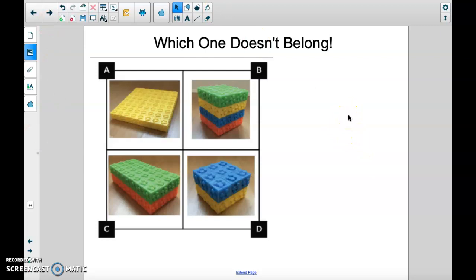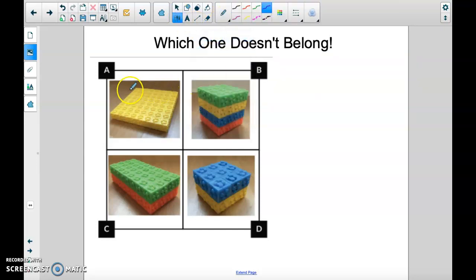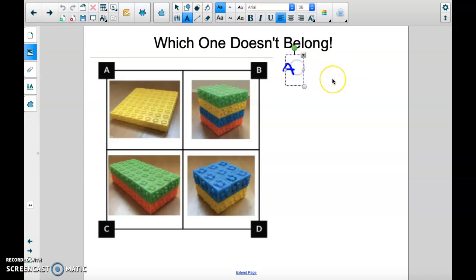Okay, so I'm going to go through the possibilities that you could have picked for which one didn't belong. Maybe you picked that A doesn't belong because it only has one layer. It's flat, one layer. All the other ones have layers.